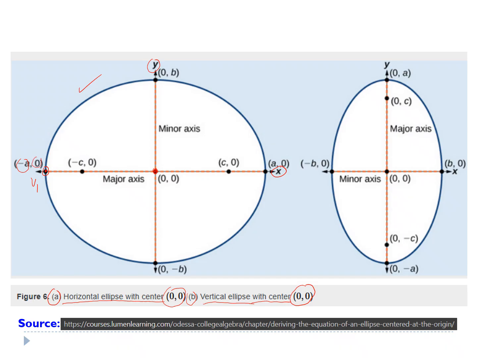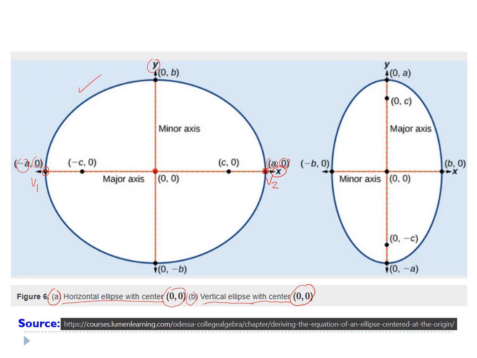And for V2, on the right side of the origin, the distance from the center of this ellipse to its vertex is equal to a, going to the right, so positive a. And the ordinate is, again, since the point lies on the x-axis, equal to 0.